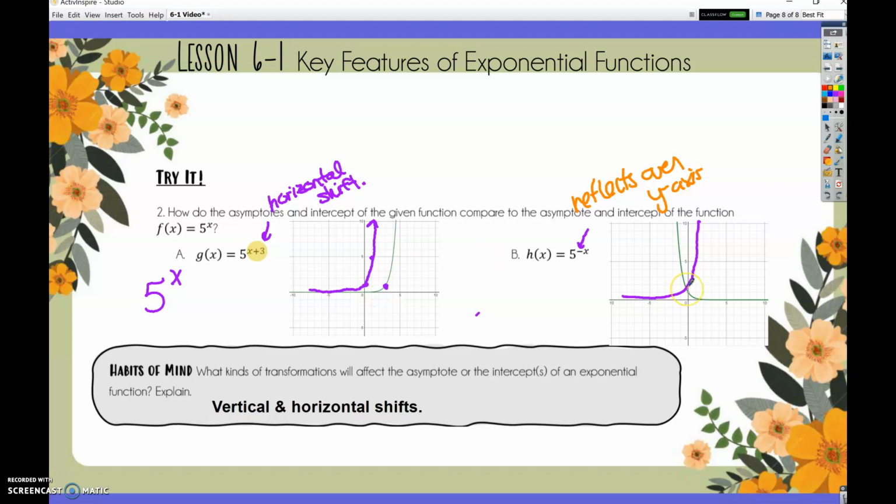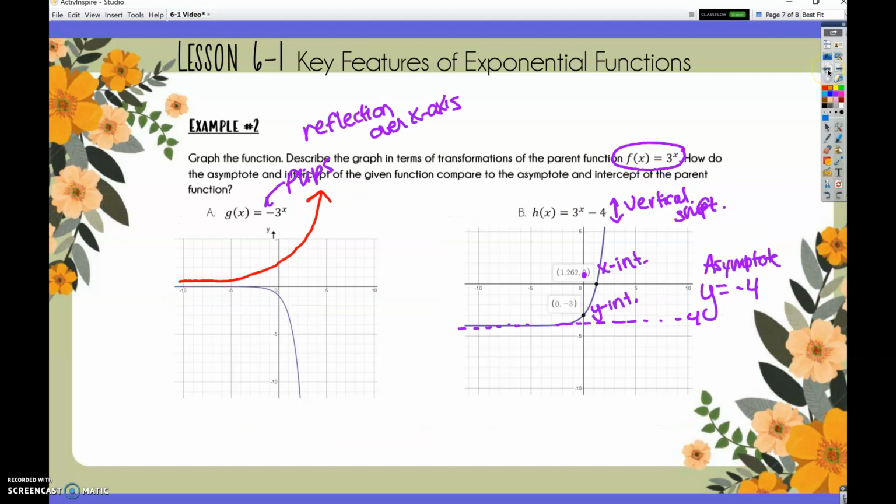Or this intercept's the same, and the asymptote's the same. They ask which one does affect both of them. It's only those shifts. So on try it part A, that horizontal shift moved the y-intercept. Or on example part B, this vertical shift moved everything down, so your asymptote and your intercepts both changed.